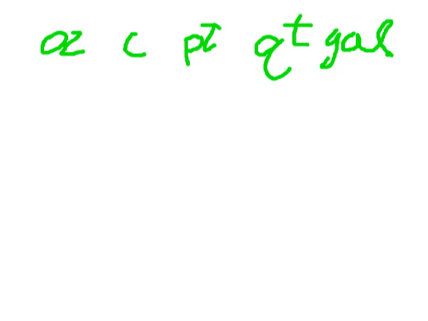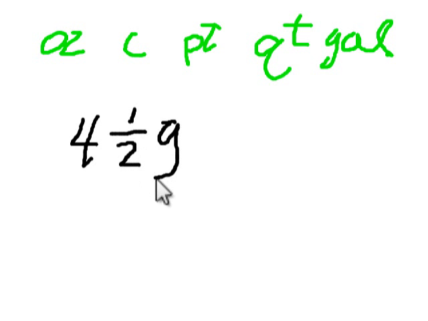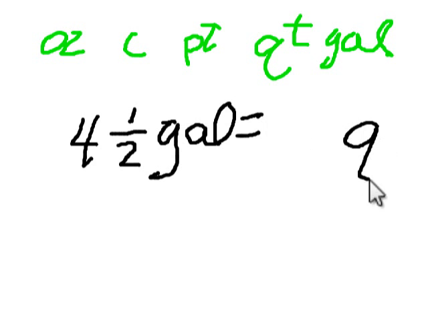Okay, let's get rid of that, and we'll try a more complicated, or another one. Let's say that we want to change 4.5 gallons into quarts. Oops, I better write gallons here so we know what we're doing. So I haven't done anything with any mixed numbers yet. That's okay. We're going to do it right now.